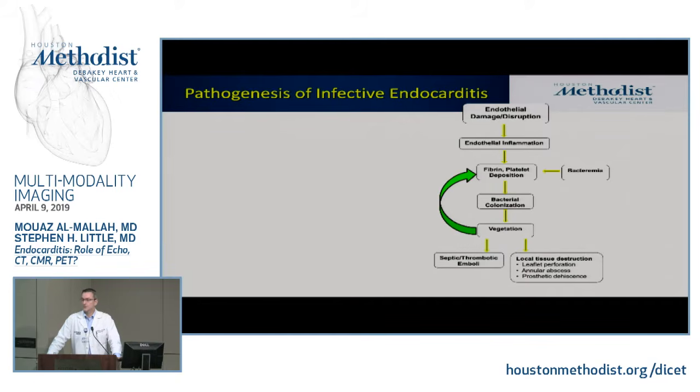Once you introduce turbulence, a non-laminar flow, whether it's a native valve problem, a congenital defect, or prosthetic material that never has the laminar flow features of native normal tissue, that's why you have this endothelial disruption. That's a very important first problem, and that's the cascade from the top. You disrupt the smoothness of the endothelium, then you get a reaction of inflammation, then you get fibrin deposition, you get your bacterial attachment, and then that cycle sort of grows.